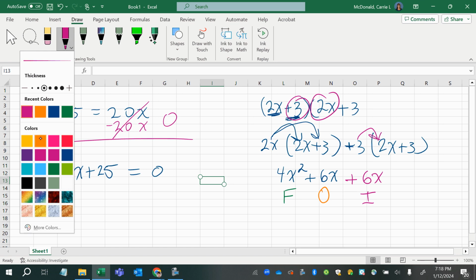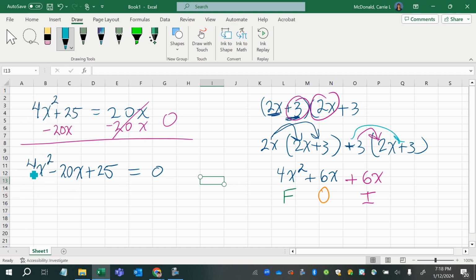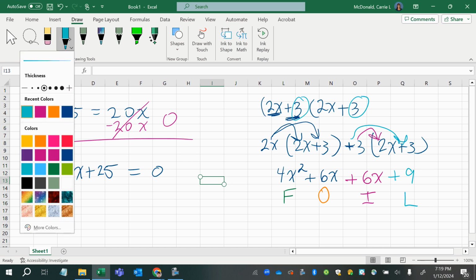And spoiler alert, this is going to be the two last terms. When we multiply the positive 3 times the positive 3, we get positive 9. And that's where the L comes from because those are the last terms in each of the binomials.